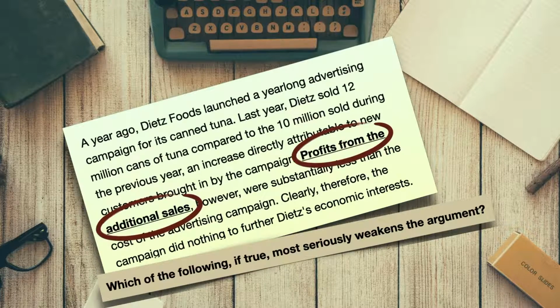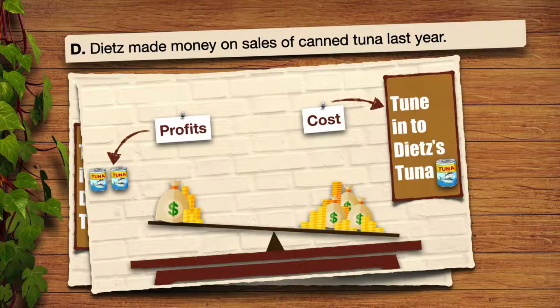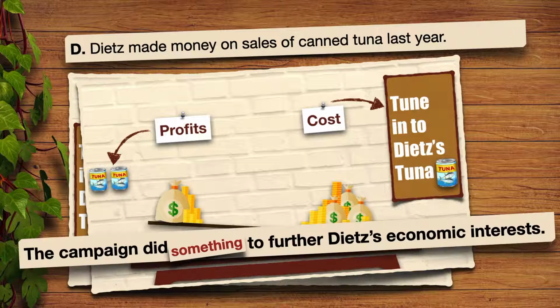And then it goes on to add that the profit was less than the cost of the campaign, because of which the argument reasons the ad campaign did nothing to help the economic interests of the company. Now, as you can see, this piece of information offers nothing to help us weaken the argument. That is, it doesn't help us prove that the campaign did bad for the economic interest of the company. So, well, this is not the option that we can consider, which leaves us with option E.